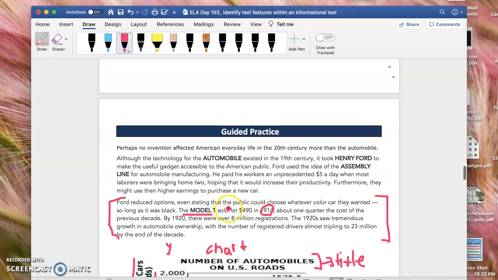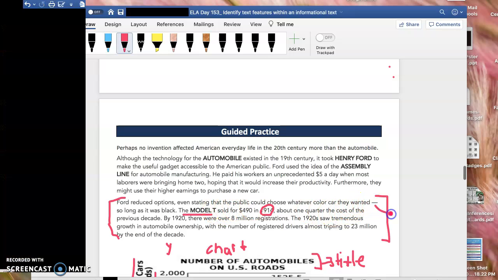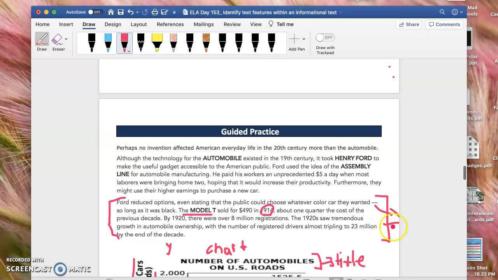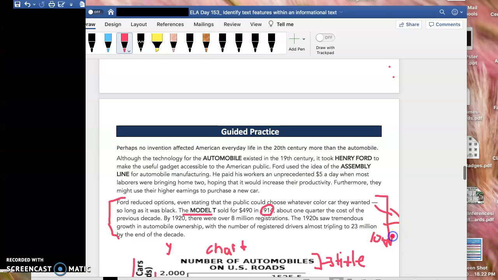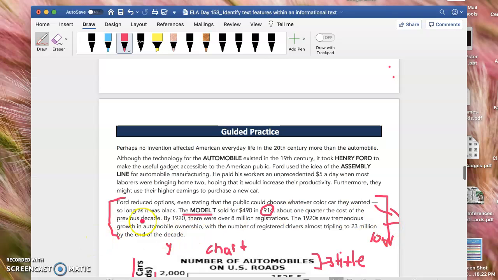So what changed here is that they lowered the cost, right? They actually lowered the cost. Okay, it was a low number. And so by 1920 there were over 800 million registrations, and that's because they lowered the price, because here in the first paragraph it talks about how the car was very expensive, right? But then they lowered the amount.